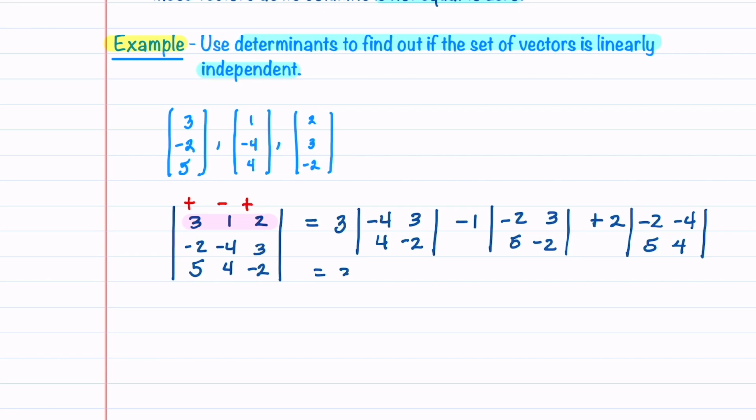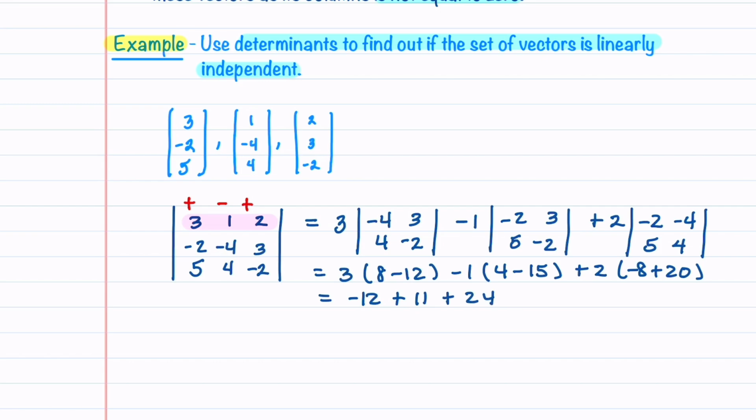This gives us 3 times 8 minus 12, minus 1 times 4 minus 15, plus 2 times minus 8 plus 20. This is minus 12 plus 11 plus 24 for an answer of 23.